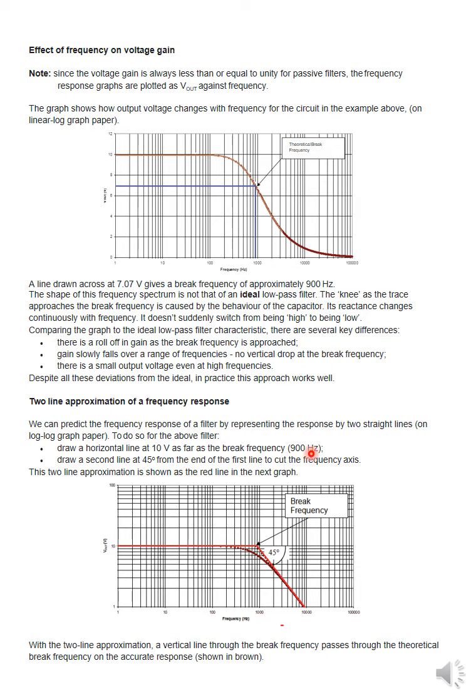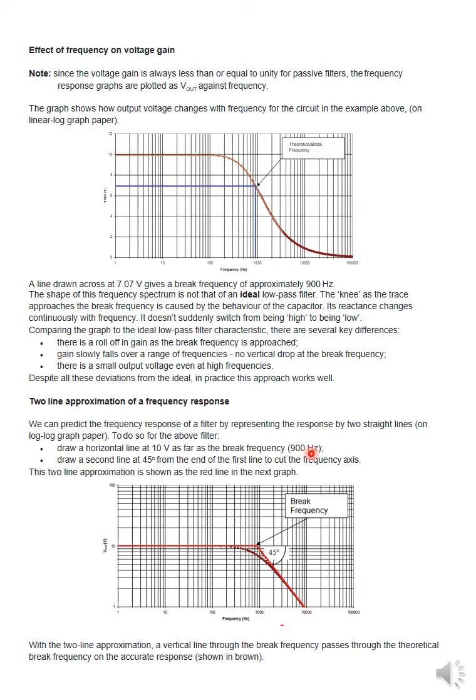Now draw a second line at 45 degrees from the end of the first line to cut this one. So draw a line like this at 45 degrees. This two line approximation is shown as the red line in the next graph.